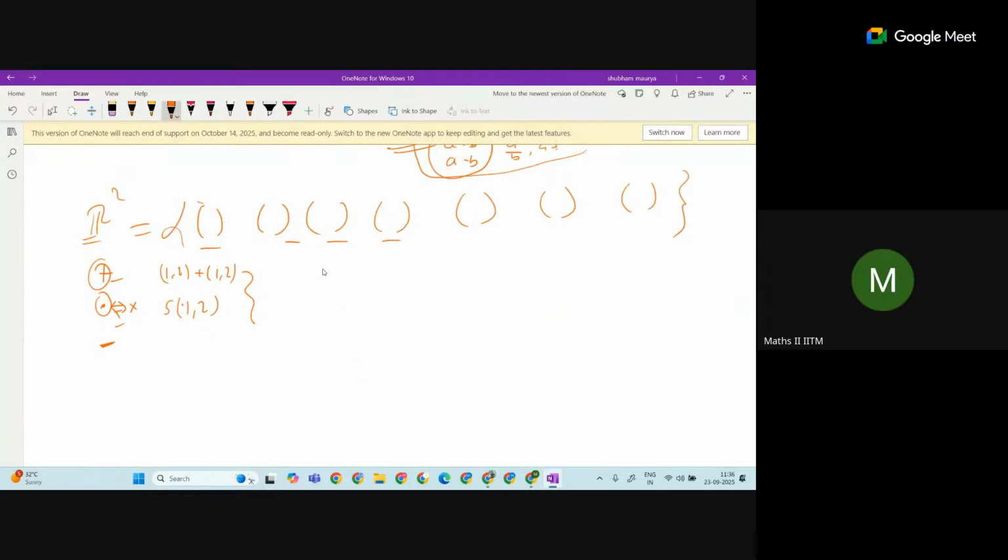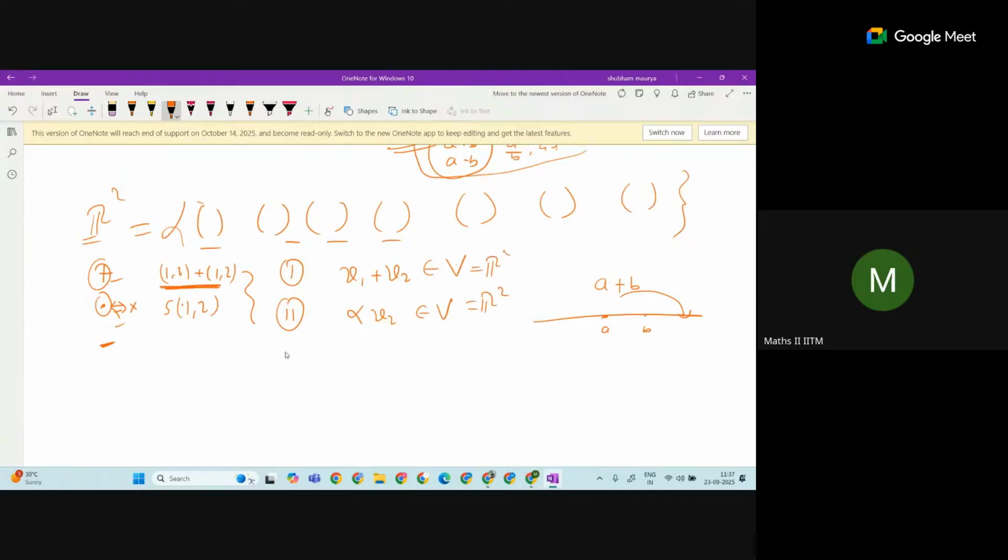When I multiplied or added real numbers, let's say a and b, the result falls in the same set. So the first rule says when I am adding v1 plus v2, this will be in the same V. The second rule says when I am multiplying a scalar with a vector, this is going to be in the same V. Same V is your R2.